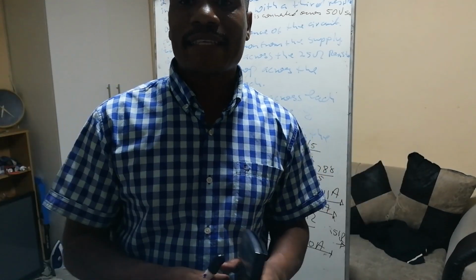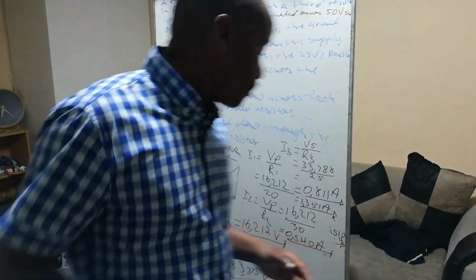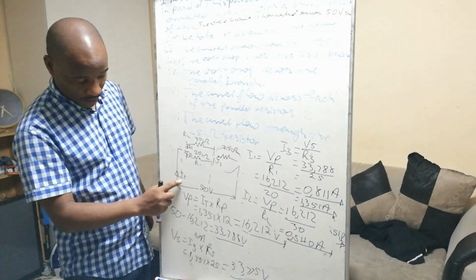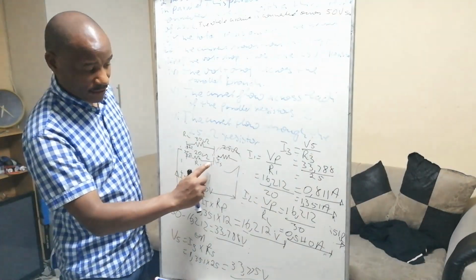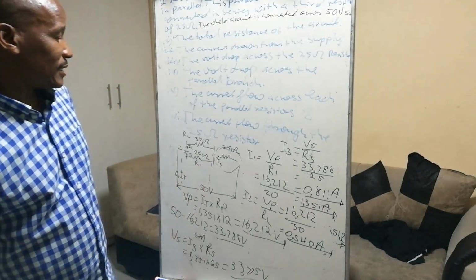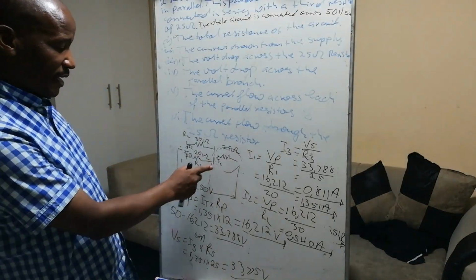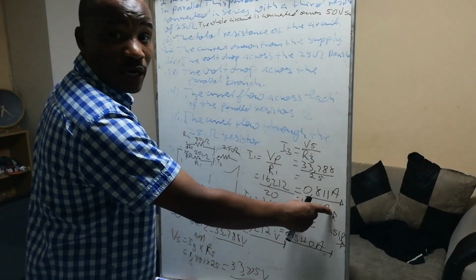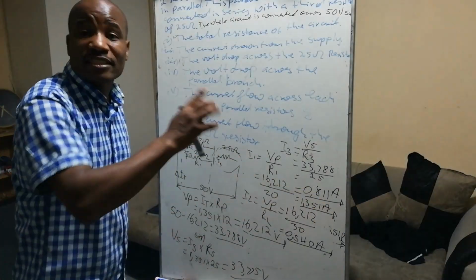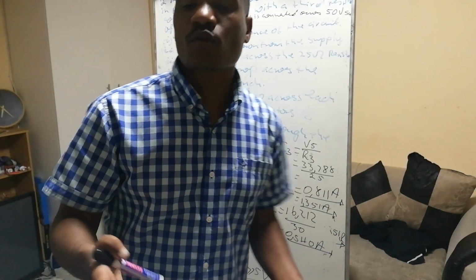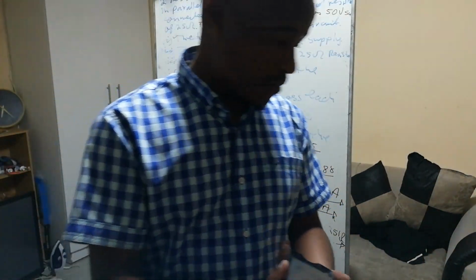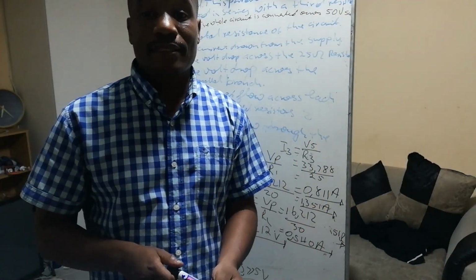You can say that, but I just wanted us to prove our original assertion that the total current is the same as the current passing through the 25 ohm resistor. That's why I decided to calculate it, but I should have just mentioned it. I just wanted to show you that actually we are right.